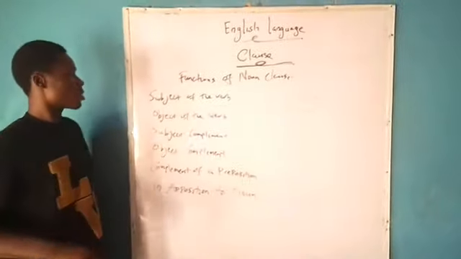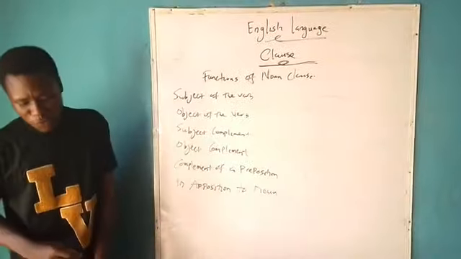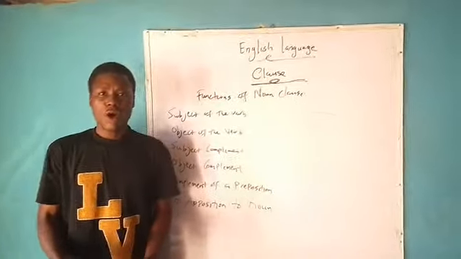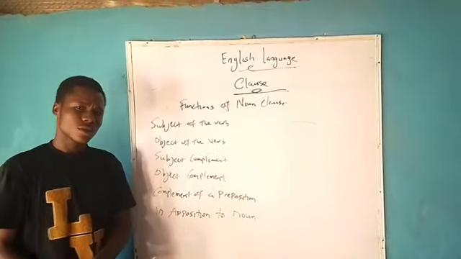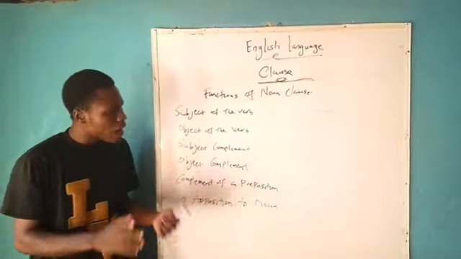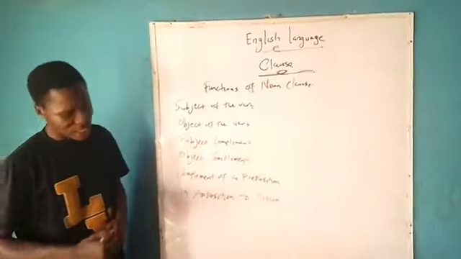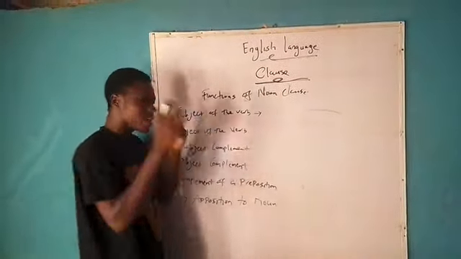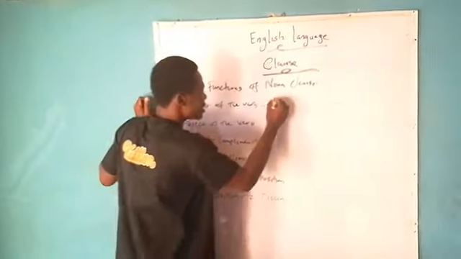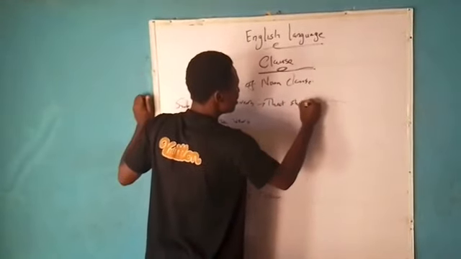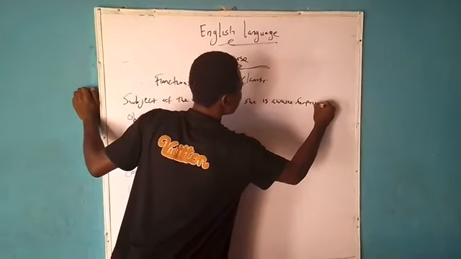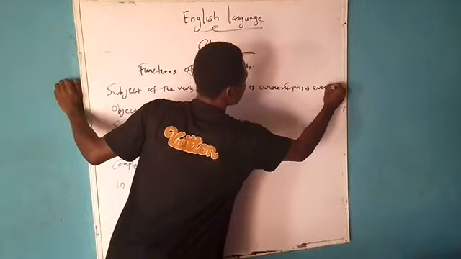And we are going to take them one after the other. Let's start with subject of the verb. Subject of the verb, it says when the noun clause occupies the initial position in a sentence. For example, the first example of noun clause I gave earlier, which says that she is awake surprises everyone.